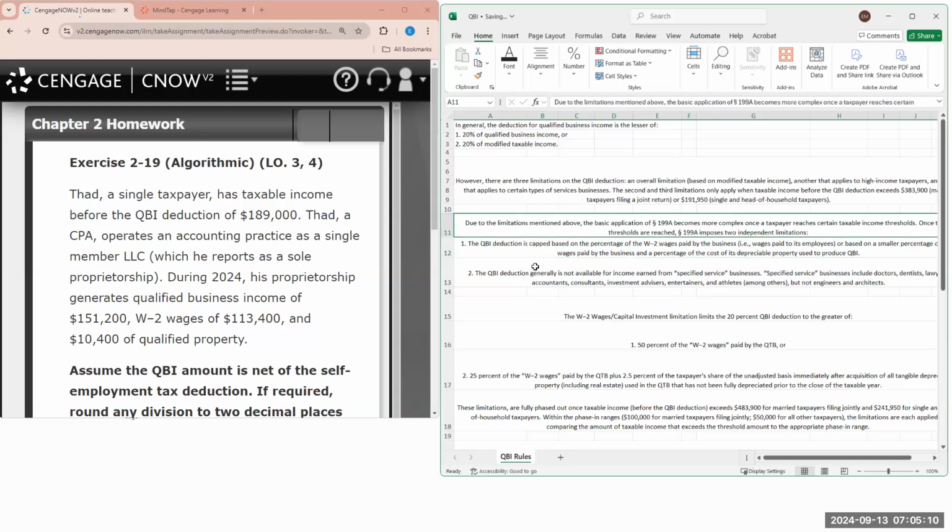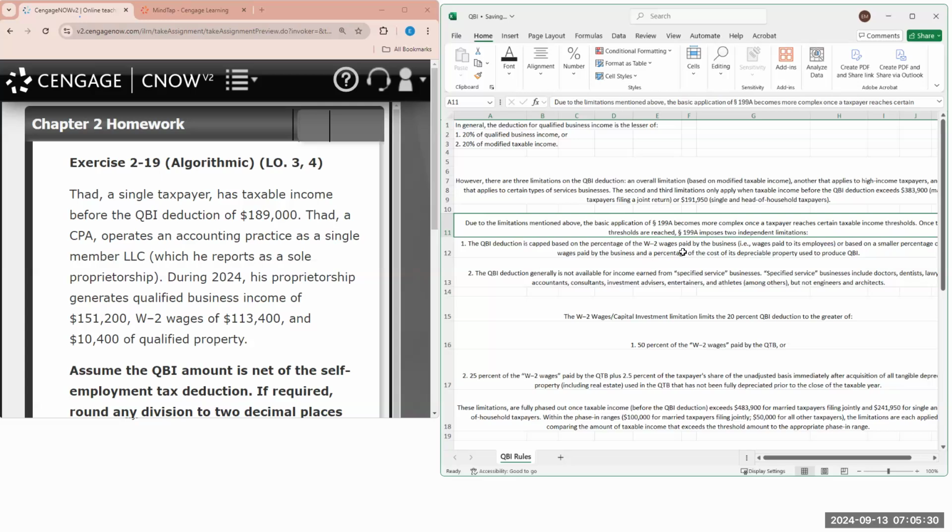Due to the limitations mentioned above, the basic application of 199A can become complex. Computer software essentially does this for us. It does the math and considers the limitations, but you want to be able to understand the nuances of what's done.